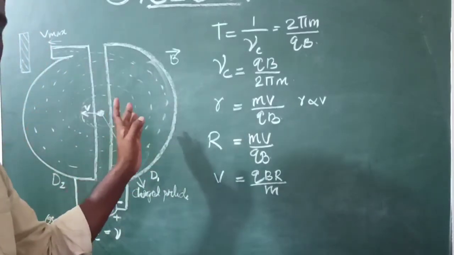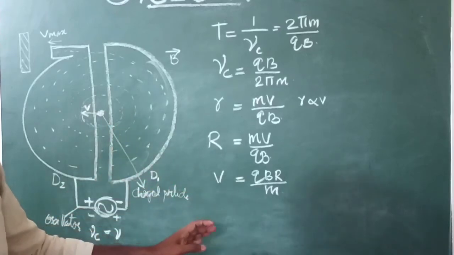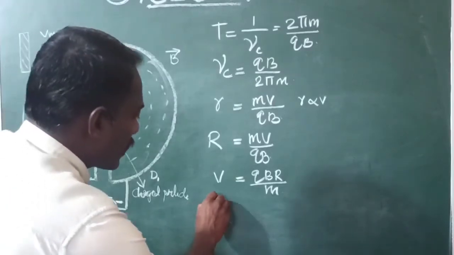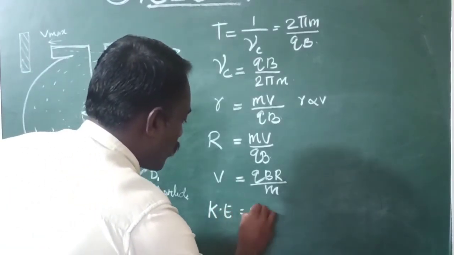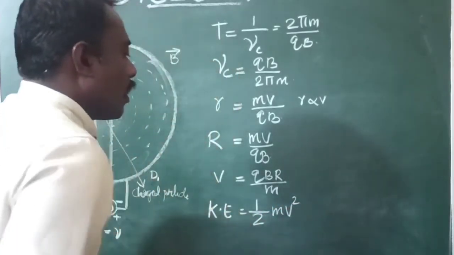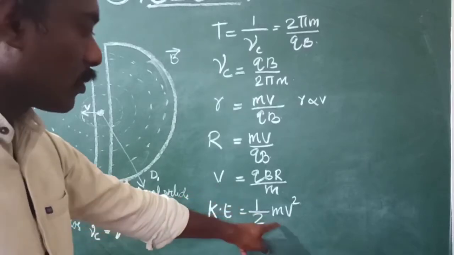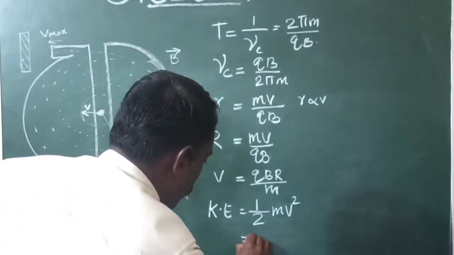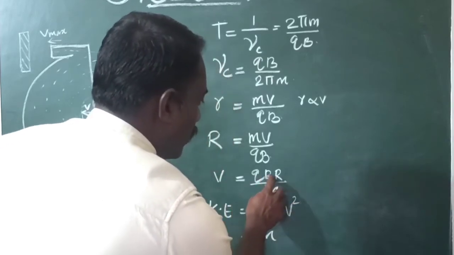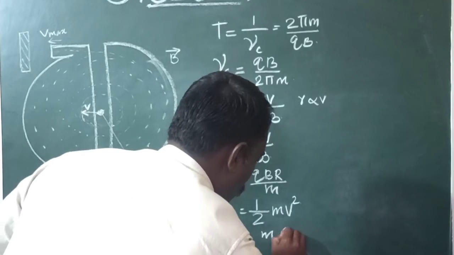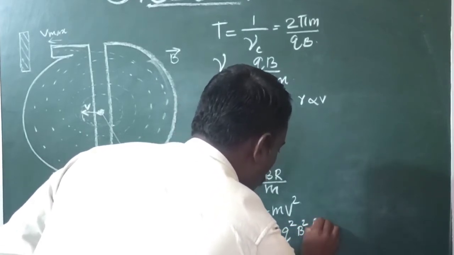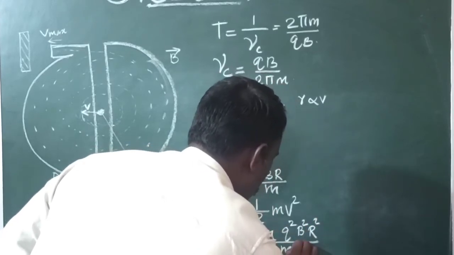We also know that the particle is moving with a velocity and is continuously accelerated, so it has kinetic energy. What will be the kinetic energy of the particle in the cyclotron? The kinetic energy is equal to half mv square. If we substitute the value of v, v is qBR divided by m, so we get half m into q square B square R square divided by m square.